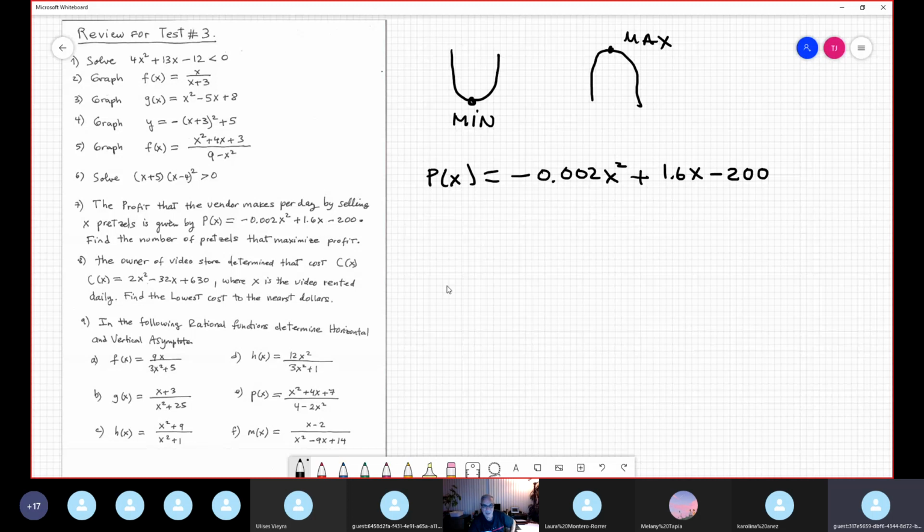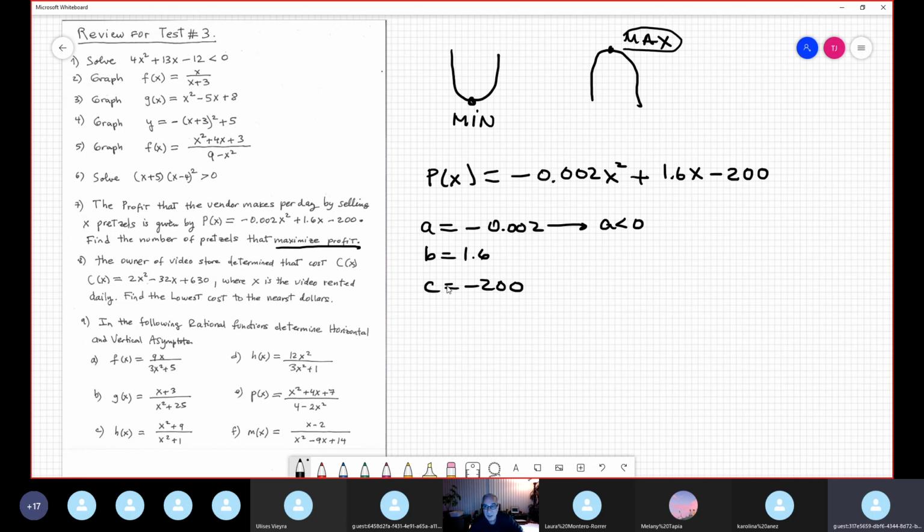Entonces, I determine immediately A in the parabola is minus 0.002, B is 1.6, and C is negative 200. And you find the vertex. Because the problem says maximize. Maximum, that means the parabola opens down. And it's logical to open down because A is negative. Si A is negative, the parabola opens down. And when it opens down, you find the maximum value. And the maximum value occurs always at the vertex point. In conclusion, you need to find the vertex.